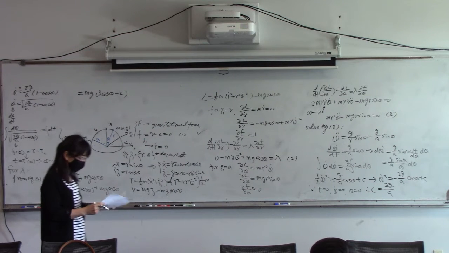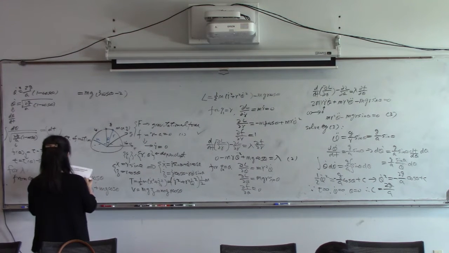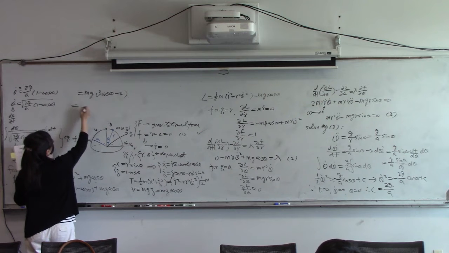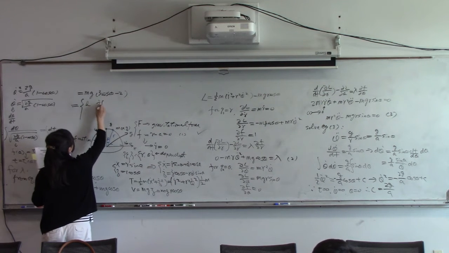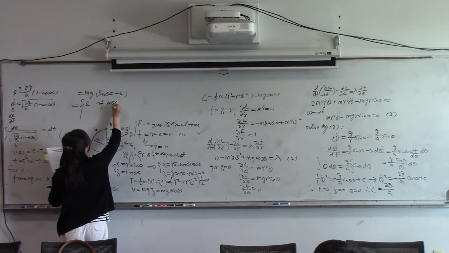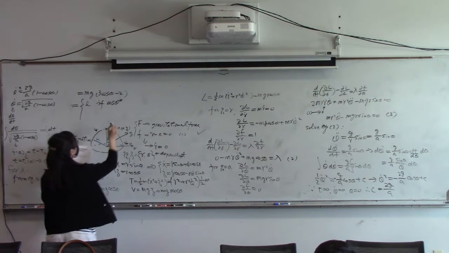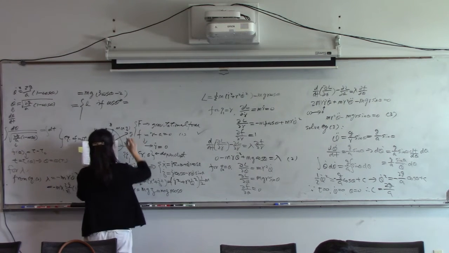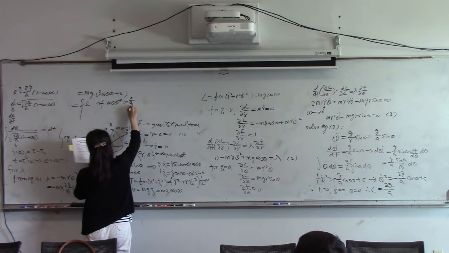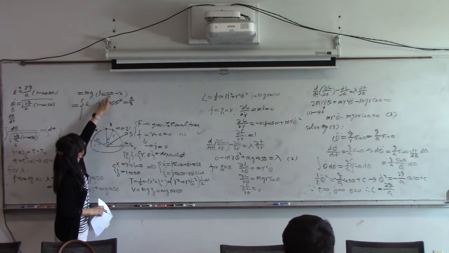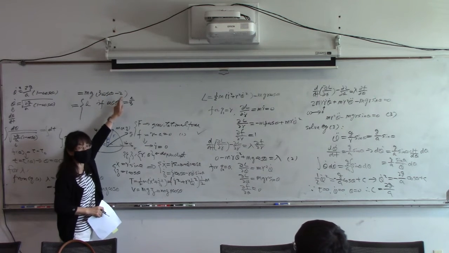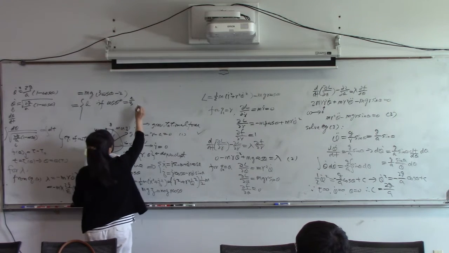Lambda equals 0 when cosine theta equals 2 over 3. You can see that if cosine theta equals 2 over 3, then the 3 cancels, and 2 minus 2 is 0.